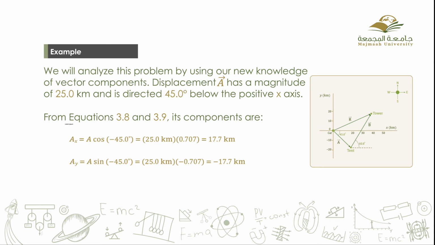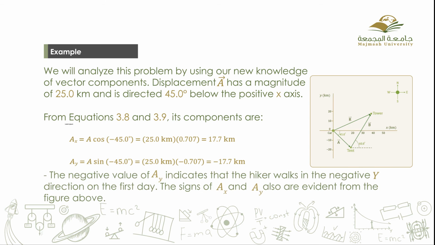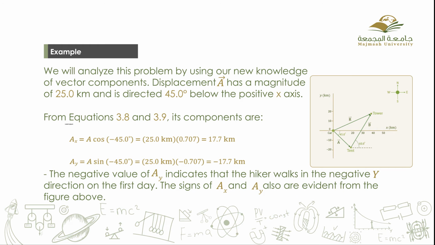Ay, which is the component of vector A in the Y direction, will result from A sine negative 45, which is 25 multiplied by negative 0.707, which results in negative 17.7 kilometers. This is the comment in this part. The negative value of Ay indicates that the hiker walks in the negative direction of Y. The signs of Ax and Ay are evident from the figure below, as we see the direction of A is in the X positive and the Y negative.